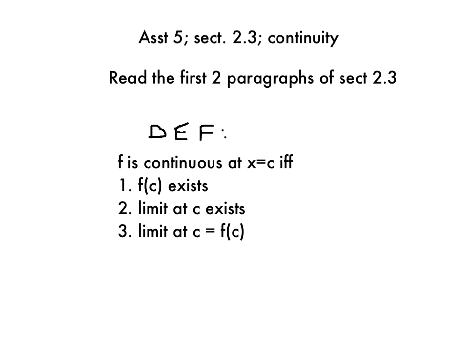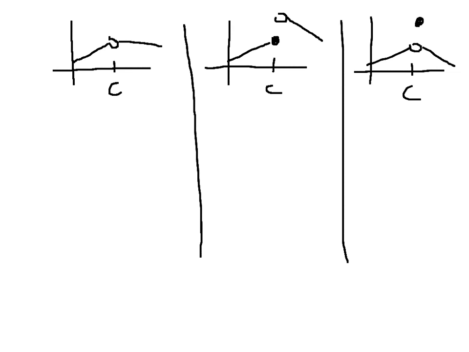The following 3 diagrams will help you understand specifically the conditions under which a function will fail to be continuous. Each of these functions fails to be continuous for a different reason based upon the previous definition. For example, the first graph that we're looking at fails to be continuous because f of c does not exist.